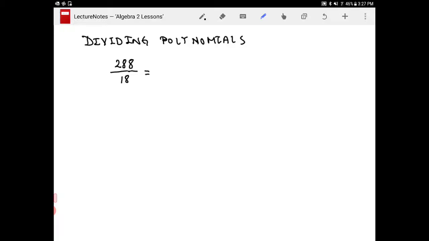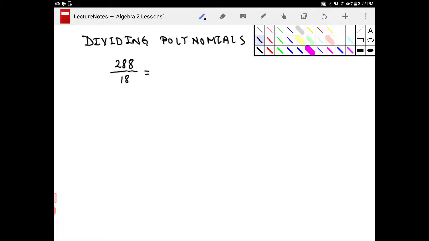In order for us to divide, let's say, 18 into 288, you can perform long division to figure out what that quotient is, or alternatively, you can figure out whether or not 288 and 18 have any common factors, and from there sculpt your way through, getting at the final reduced form of this fraction.